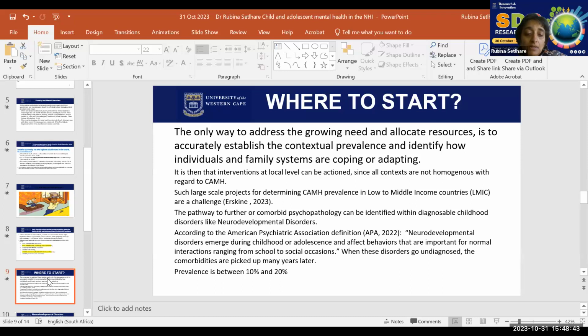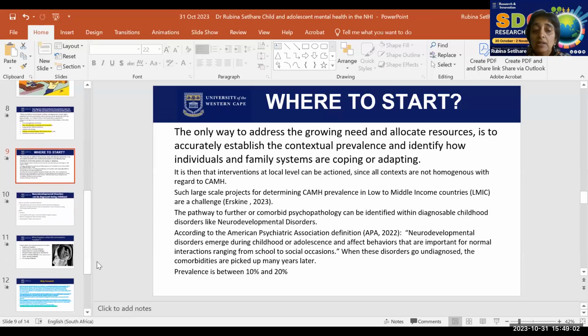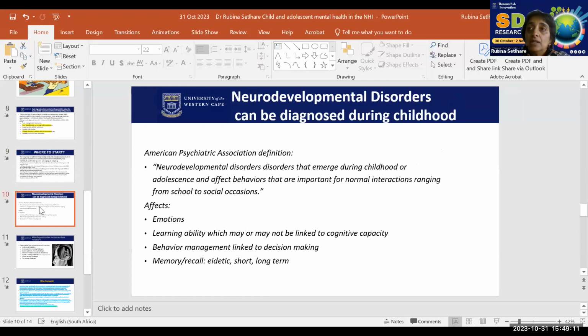So neurodevelopmental disorders are disorders that emerge during childhood or adolescence and affect behaviors that are important for normal function. And the prevalence, depending on which context you are looking at, is between 10 and 20%. So research done in low to middle income countries is showing a prevalence of only 2%. Whereas if you go to better resourced contexts, you'll find that it's between 10 and 20%.